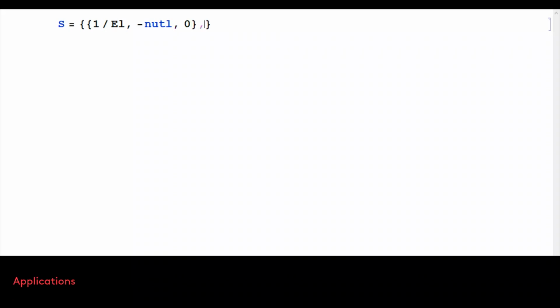Sorry for making you wait. Now second row of the matrix: minus mu LT divided by EL, and that's 0. And then the last row, this is the compliance: 0, 0, 1 over GLT.